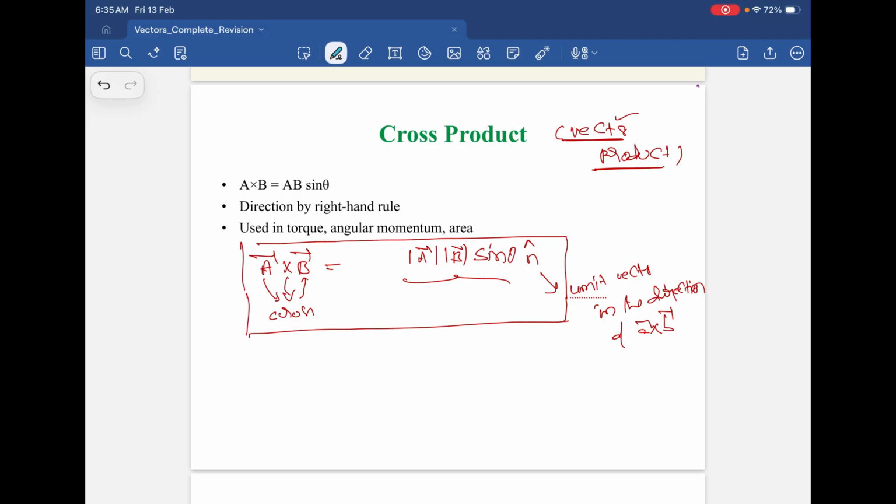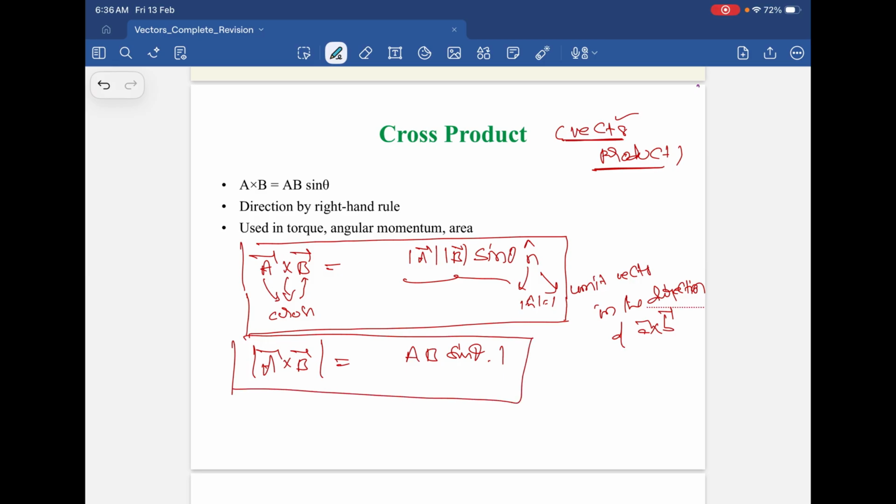If I take the magnitude of this, mod of A bar cross B bar, this is scalar magnitude only. Mod of A is A, mod of B is B, sine theta is sine theta, and mod of n cap is 1. So the magnitude of A cross B is simply AB sine theta.